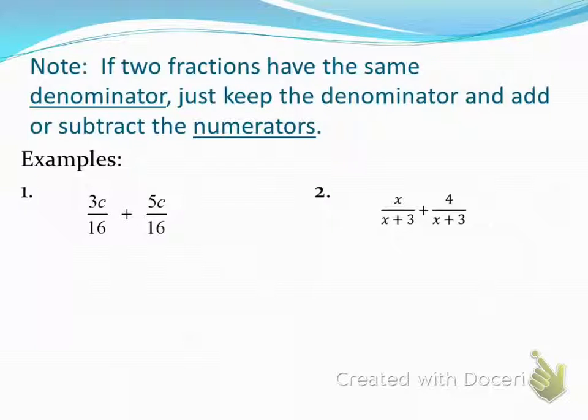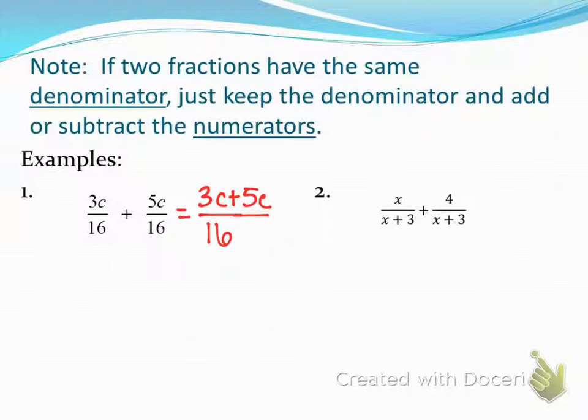So on number 1, what's my denominator going to be? 16. It's going to stay the same. And in my numerator, what am I going to do? Add 3c plus 5c. If you want to write that out as its own step, you can. 3c plus 5c over 16.